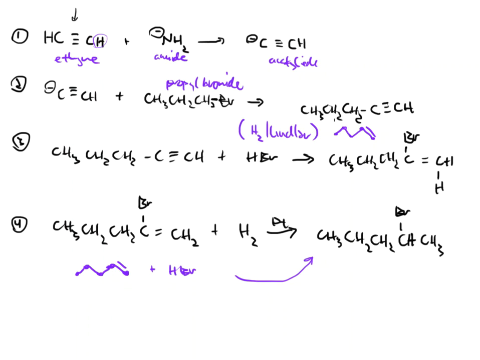When I did that, that made 1-pentyne as a product. I then took 1-pentyne and reacted it with hydrobromic acid to give me 2-bromopentene. I then took 2-bromopentene and reacted it with H2 and platinum in a hydrogenation reaction to give me 2-bromopentane.